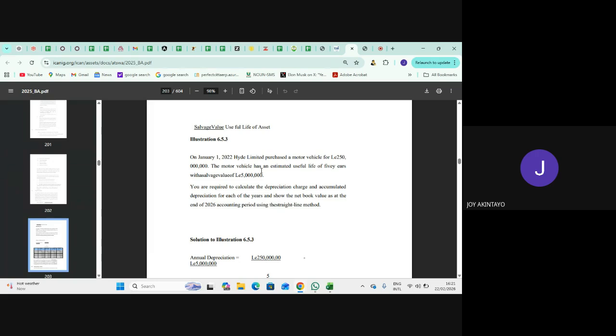The motor vehicle has an estimated useful life of 5 years with a salvage value of 5 million. You are required to calculate the depreciation charge using the straight line method.